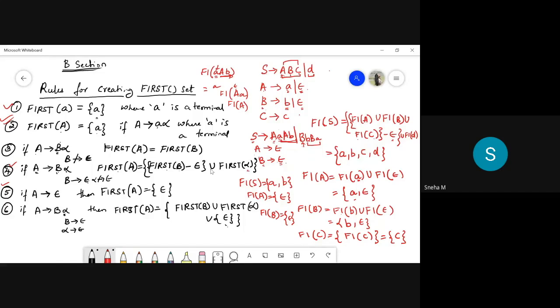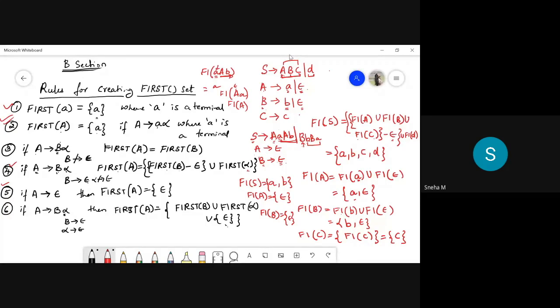And please remember this mistake everybody makes. That's why I've specifically considered this kind of example. Nowhere in the book do you have these examples. They take only that arithmetic expression one. It doesn't cover all types of things. Formally they define it and leave it. So if you have a production like ABC and C is not deriving epsilon, the first set will never have epsilon, even though from A and B you can reach epsilon.